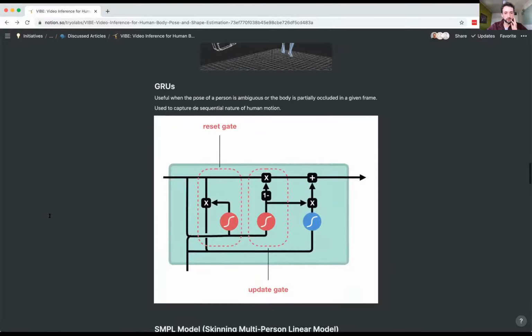And okay, so more detailed, GRUs. GRUs are basically newer LSTMs. For the ones that don't know much about LSTMs, they're neural networks that try to remember what they saw before, so they try to give a memory of past inferences.